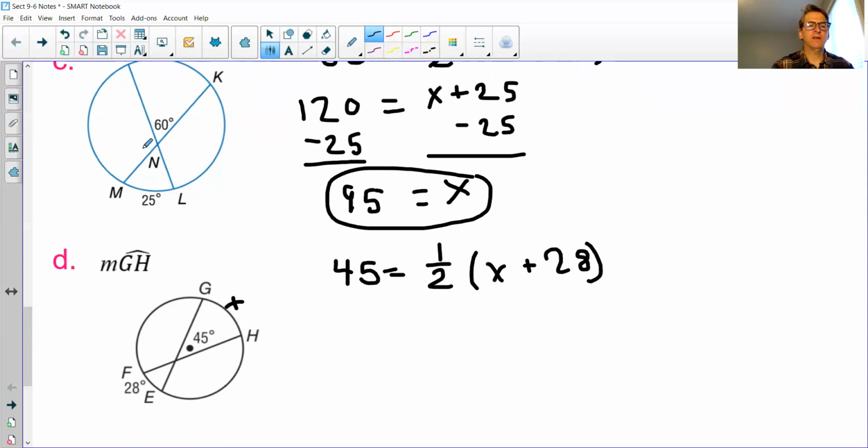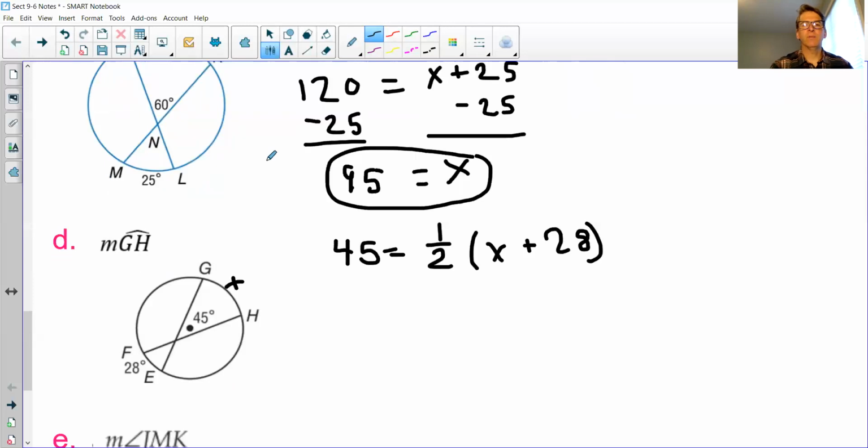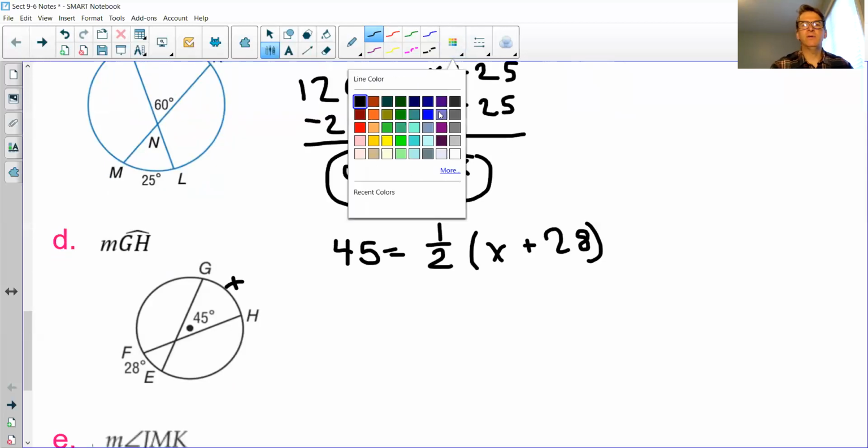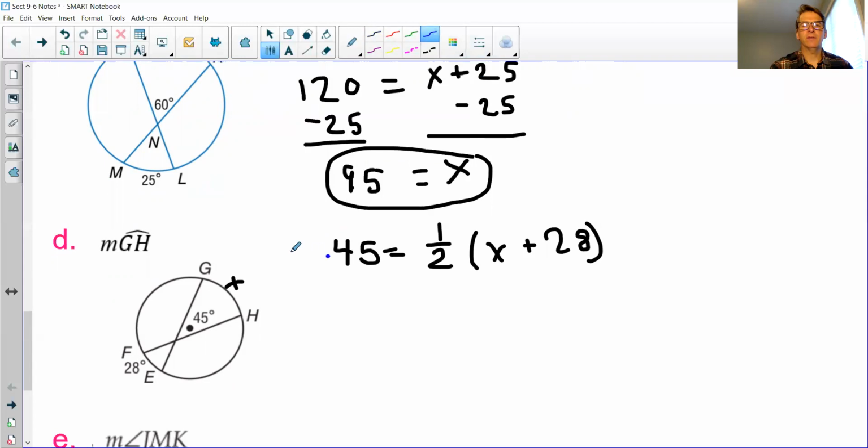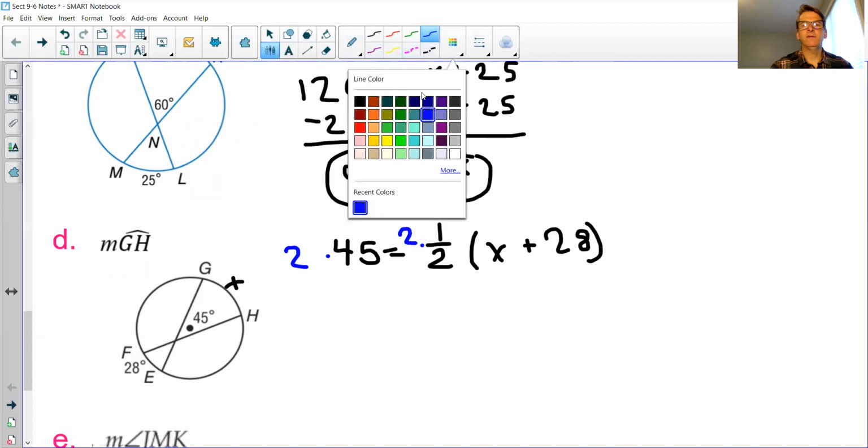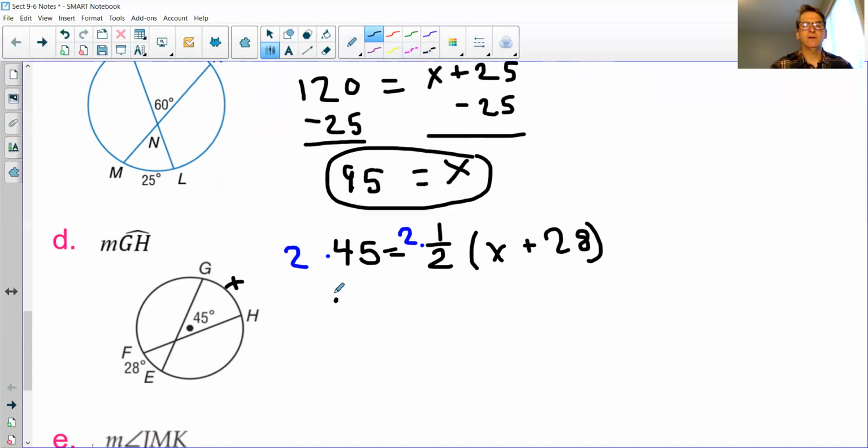Just like we did in C, we're going to multiply both sides by 2, and then we can proceed to do the algebra here.